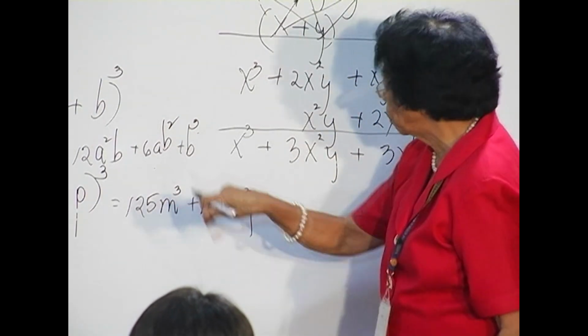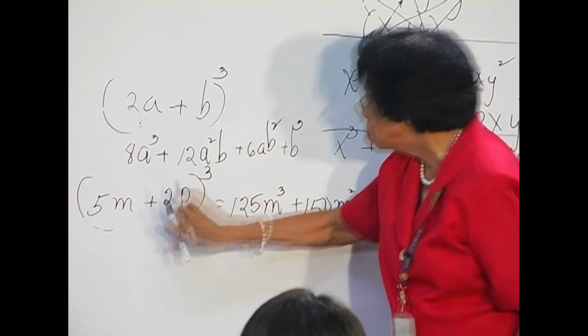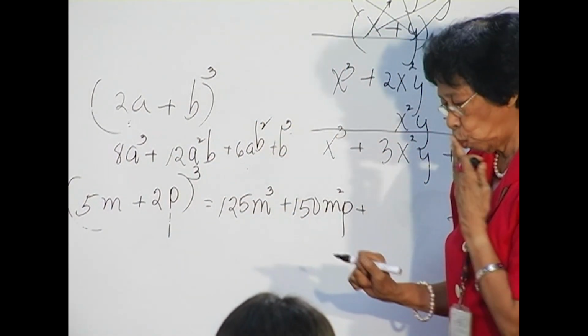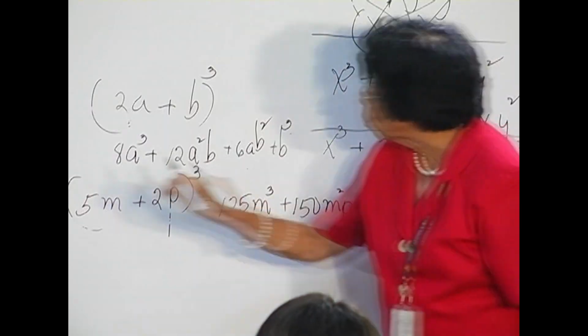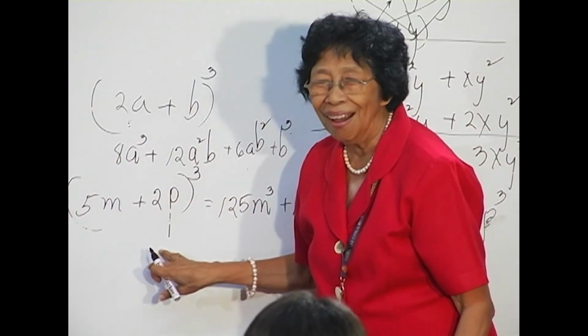What's missing here? So I said 3 times this, 5m, times 4b squared, 60. Let's do it again, slowly. We say 3 times the first term times the square of the second.